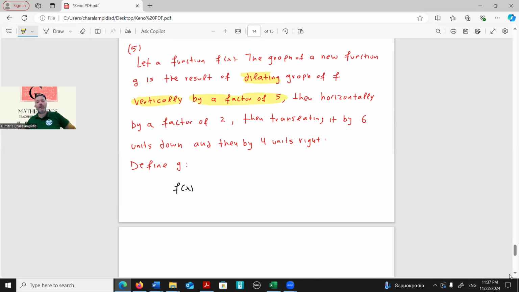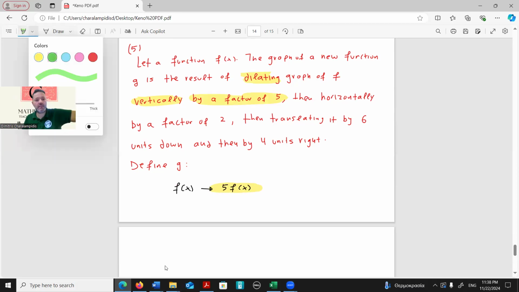We should know by now that vertical dilation by a factor of 5 means multiply the entire output, so the entire f of x, by 5. So theoretically, that should create the 5f of x.